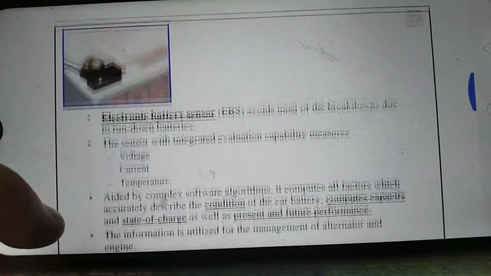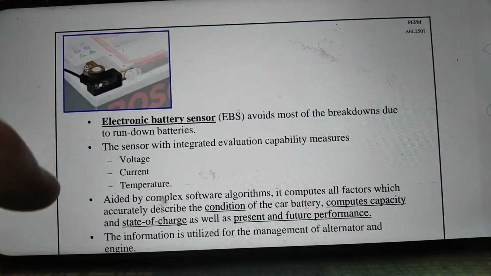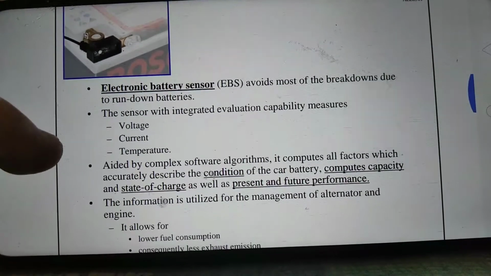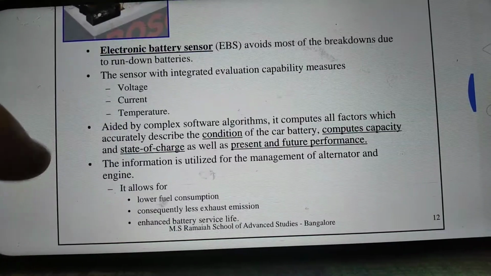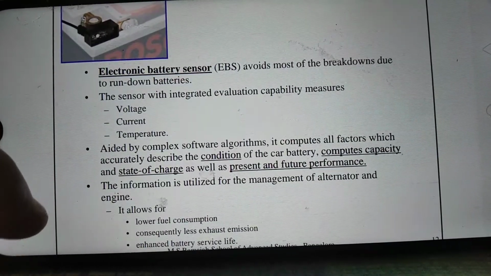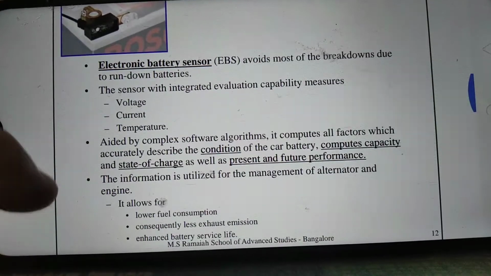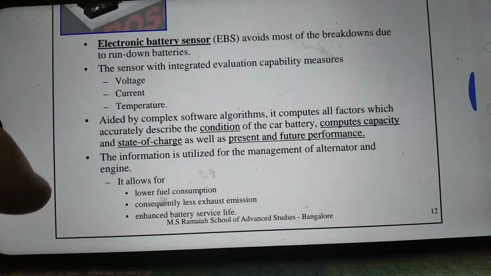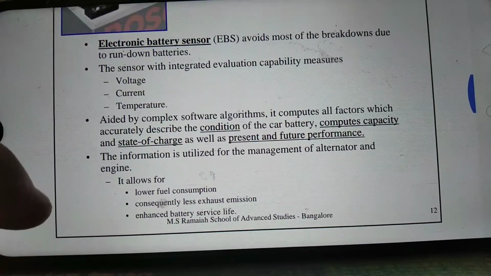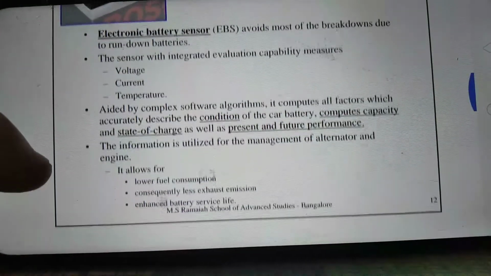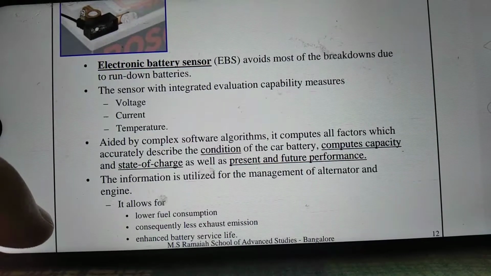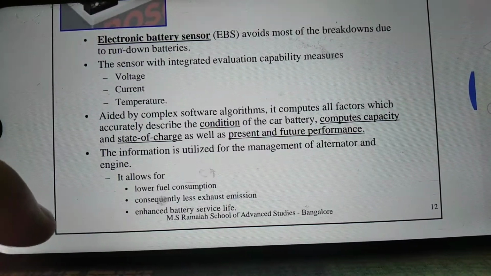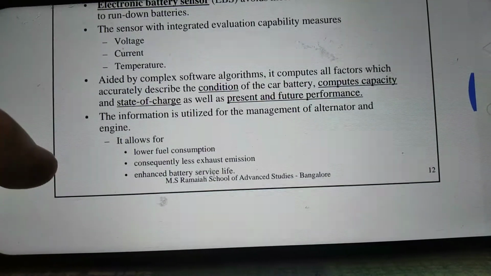Now there are advanced batteries also. Electronic battery sensors are there. They avoid most of the breakdowns due to run-down batteries. The sensors with integrated evaluation capability measure voltage, current and temperature of the battery.